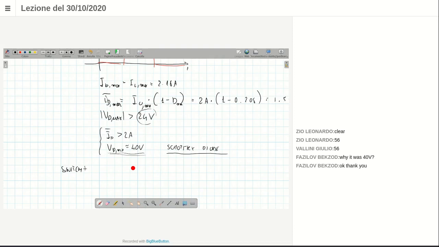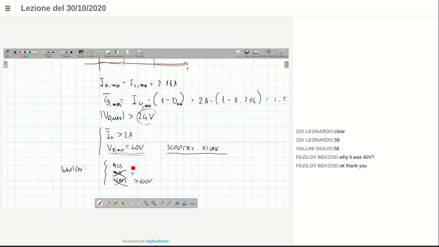In this frequency range, let me say that if we consider MOSFETs, BJTs, and IGBTs, for this frequency, 200 kilohertz, we should not consider BJTs, since we do not have very large reverse voltages to be blocked.